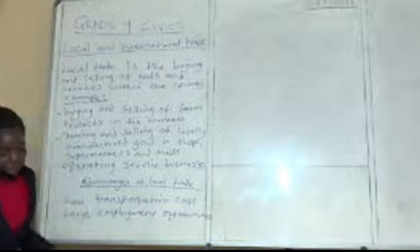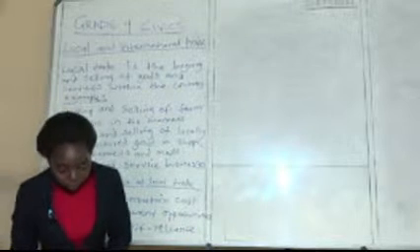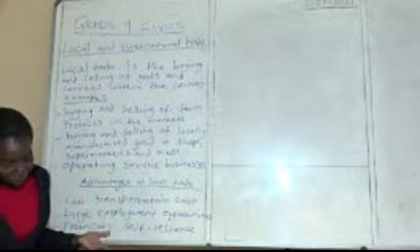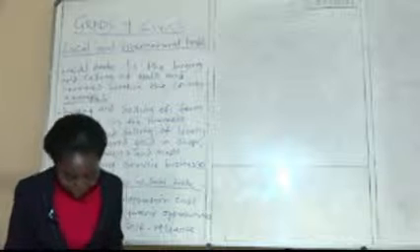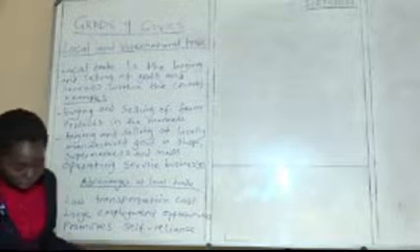The next advantage of local trade is promotes self-reliance. Okay, so we are saying when a nation is producing everything, it does not depend on other countries in meeting its needs.